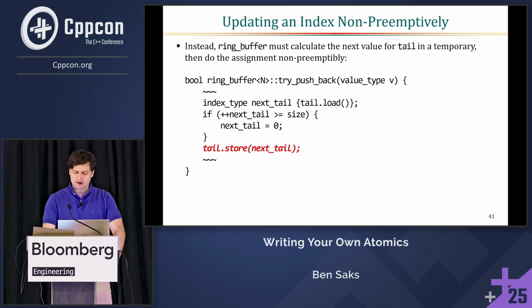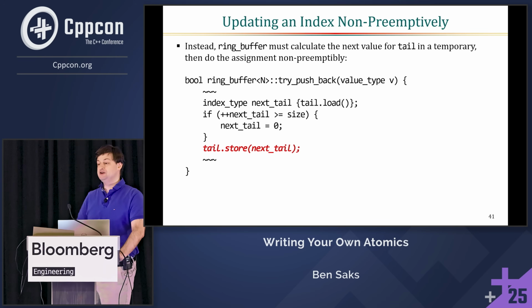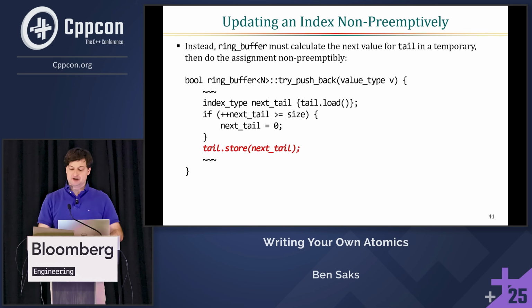Instead, we want our try pushback code to look something like this, where we go ahead and read from tail using the load operation. We store it in this local index next tail, and then we do our work with next tail, figure out what the value of tail after it's been advanced appropriately is going to be.